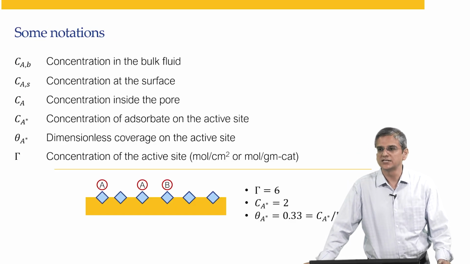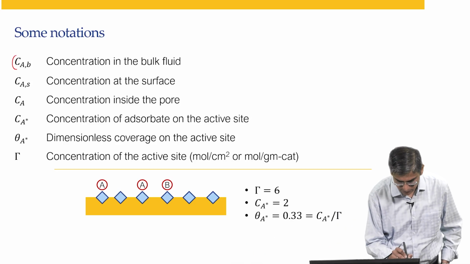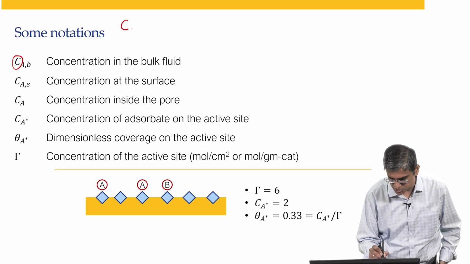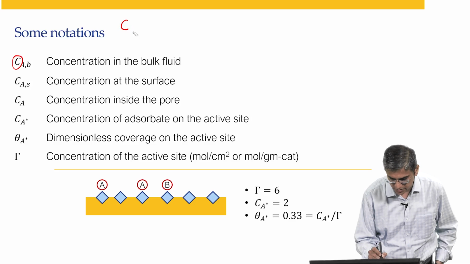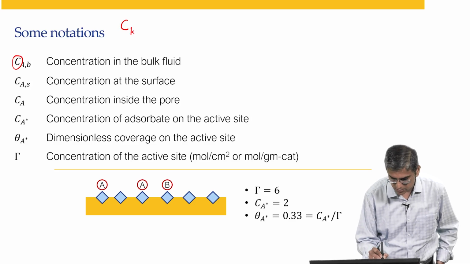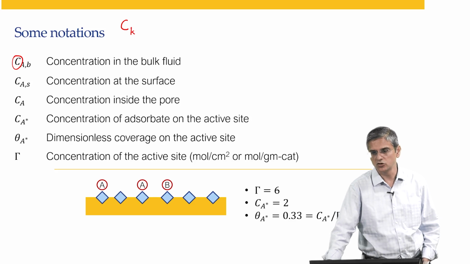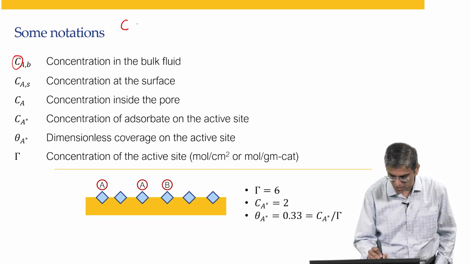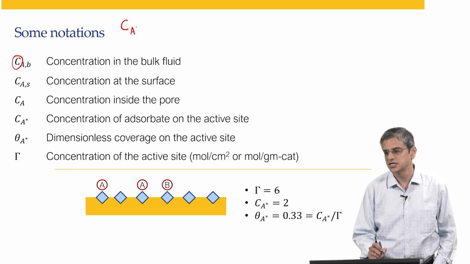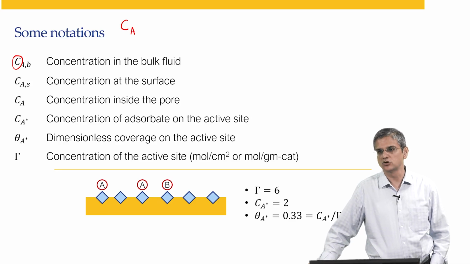Okay. So, let us recap the notations that we have used. We have used capital C to represent concentration, and the subscript A, B, X, K to represent what species it is. So, when we write it as Ck or CA, this basically means concentration of A at various different points in the overall system.